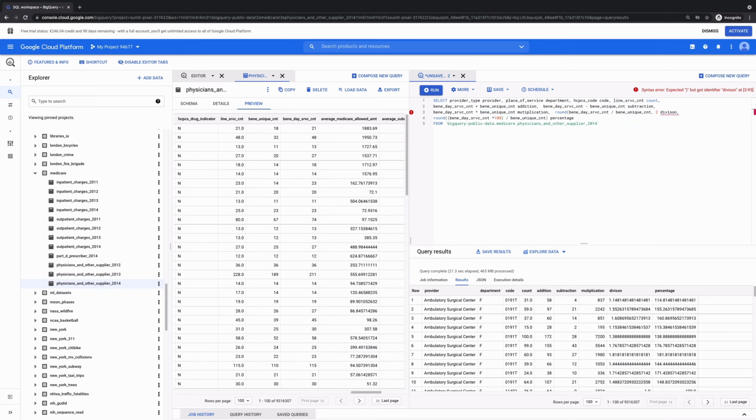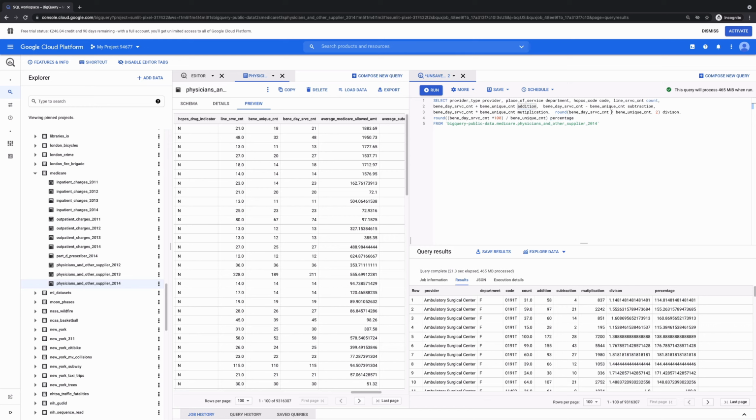and put 2. So what exactly have I done here? I put the round across the computation, and then I put a comma in the same bracket and put 2. This means it will have 2 decimal places when it does the computation.